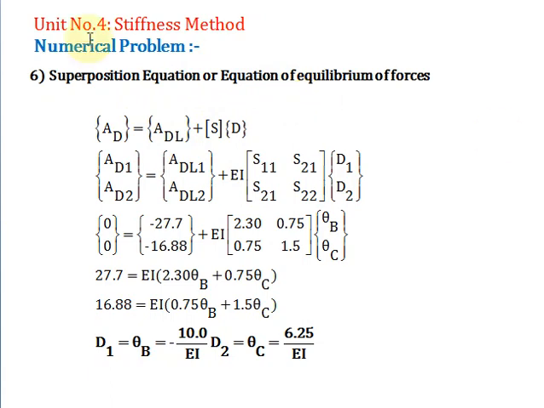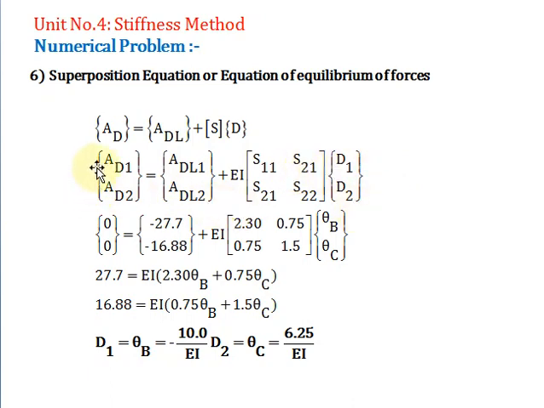That equation is AD equal to ADL plus S into D. Here AD has two unknowns, theta B and theta C. So AD1 is for theta B and AD2 is for theta C. Again ADL1 is for theta B and ADL2 is for theta C. Plus the stiffness matrix, which is 2 by 2 since there are two unknowns, and D1 and D2 are the unknowns.